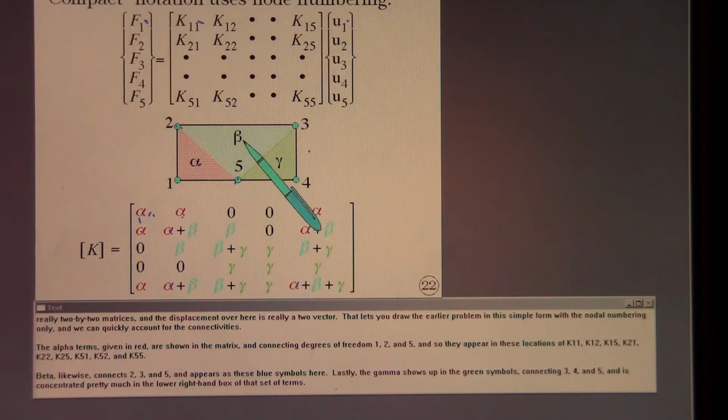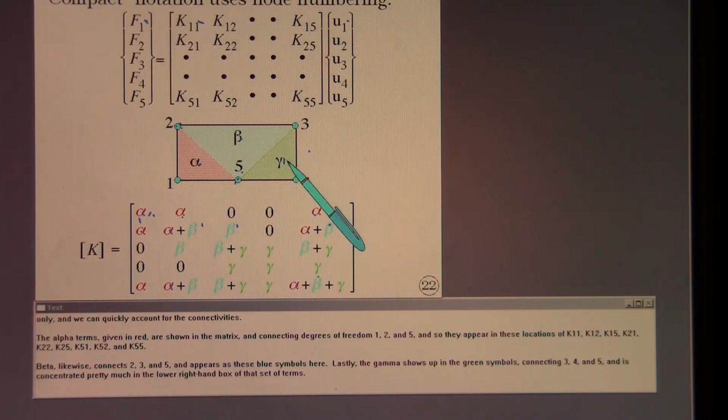Beta likewise connects 2, 3, and 5 and appears as these blue symbols here. Lastly, the gamma shows up in the green symbols connecting 3, 4, and 5 and is concentrated pretty much in the lower right-hand box of that set of terms.